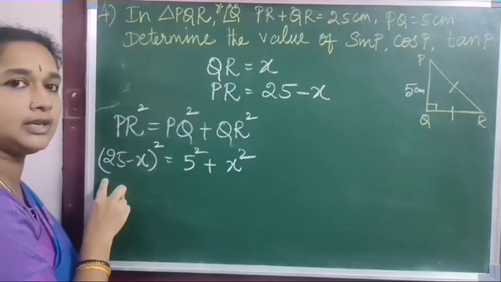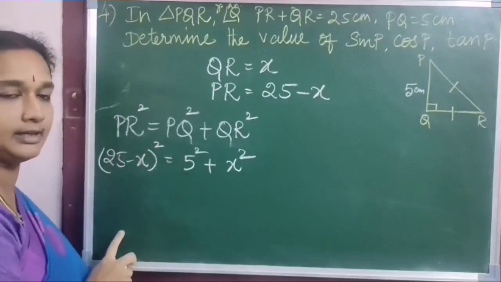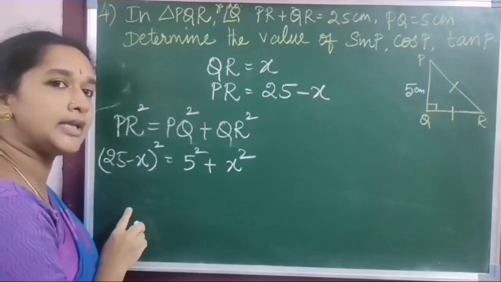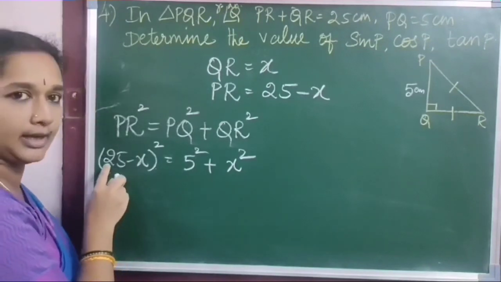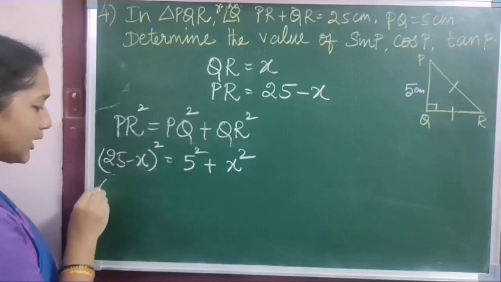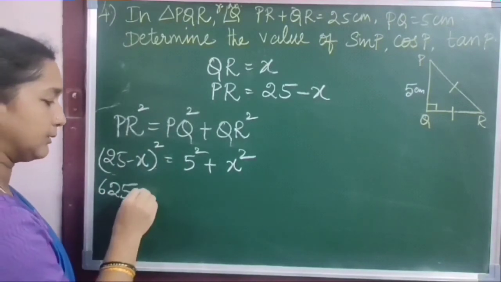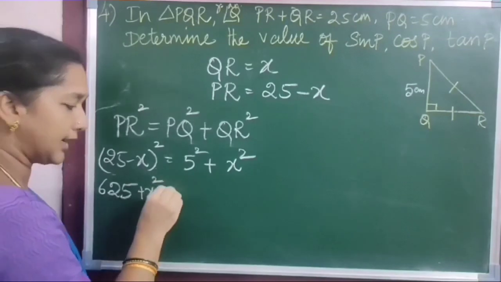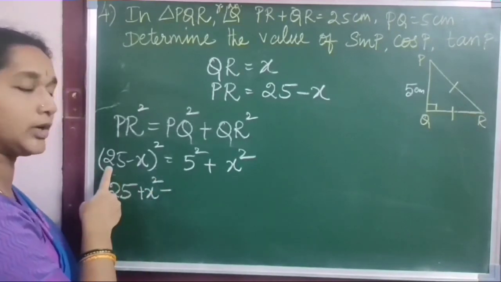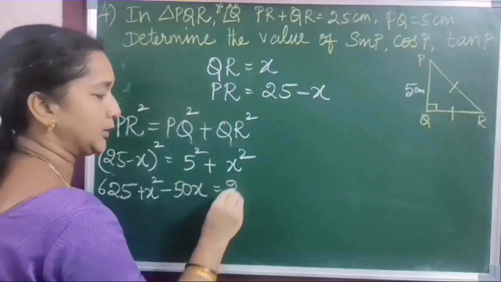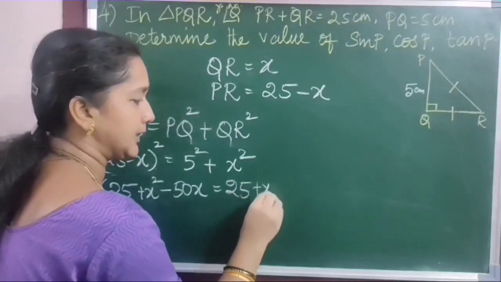Here we use the a minus b whole squared identity. What is a minus b the whole squared? A squared plus b squared minus 2ab. So a squared, a is 25, 25 squared is 625, plus x squared minus 2ab. 2ab is 25 into 2 is 50, 50x, is equal to 25 plus x squared.